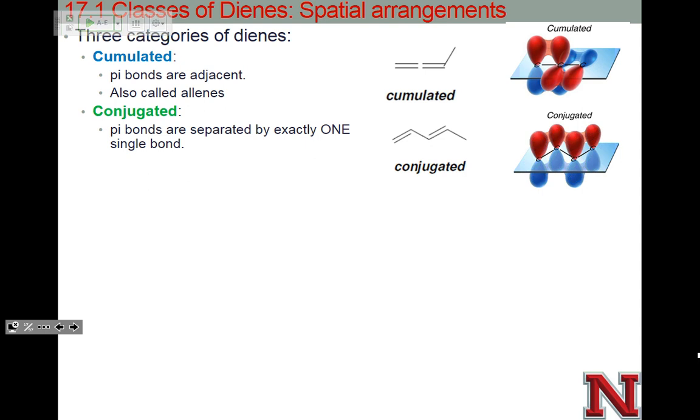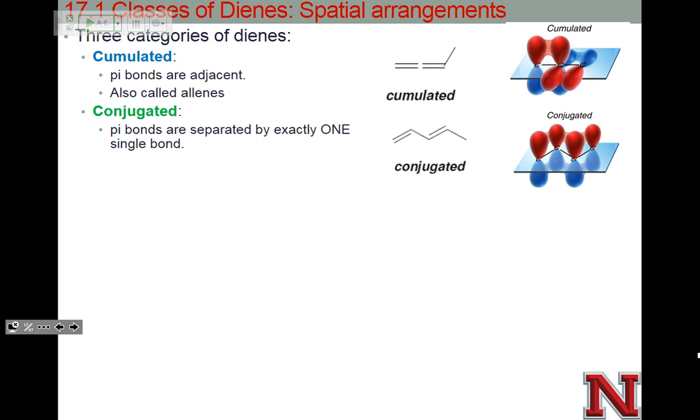The next example is conjugated, and this is where each double bond is separated by one single bond. What happens is we have completely overlapping p orbitals, so those electrons in the pi bonds are shared between all of the overlapping p orbitals. That's our conjugated systems, and we see very specific types of reactivities based on these.